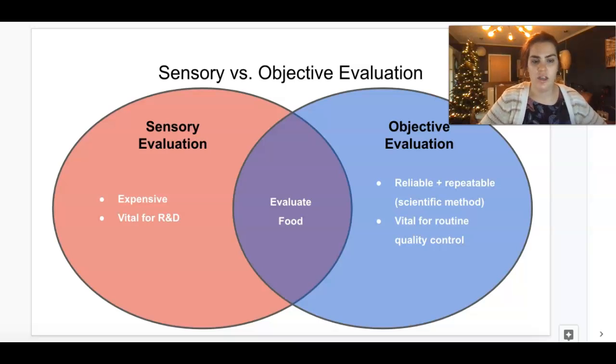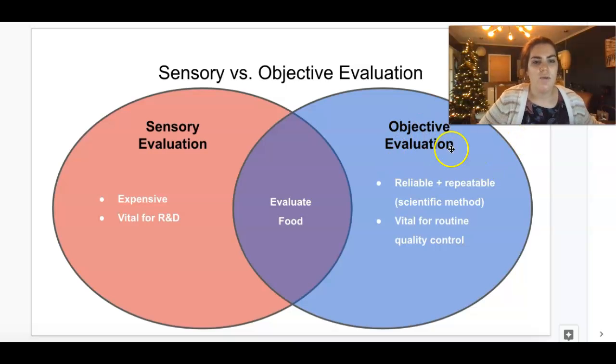Objective evaluation, on the other hand, because it utilizes scientific method and laboratory equipment, those outcomes are going to be a lot more reliable and repeatable. So the outcomes of these objective evaluations are going to be pretty set in stone and solid.